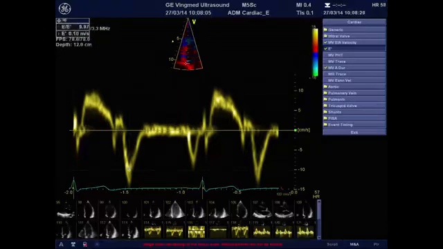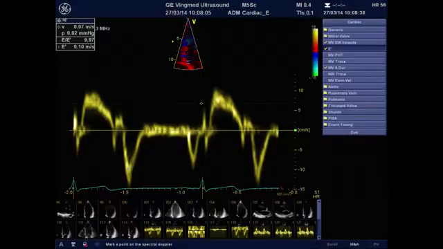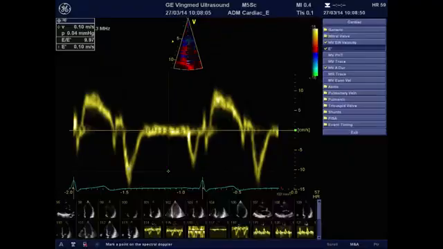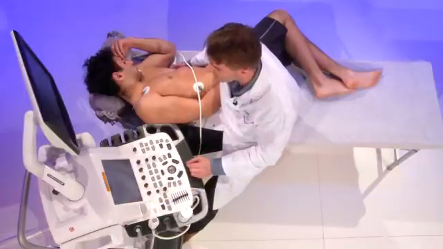I select the septal wall. You can also use the lateral wall, but then you just should adjust your reference values. A normal E/E prime, or at least an E/E prime which does not indicate elevated left atrial pressures in the septum, should be below 15.